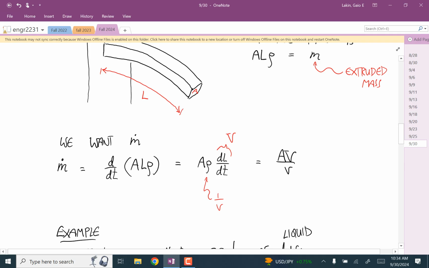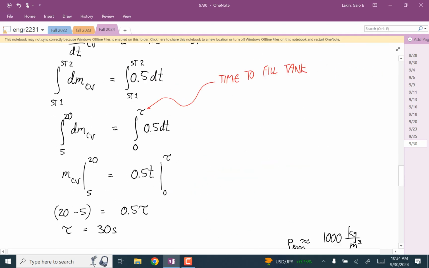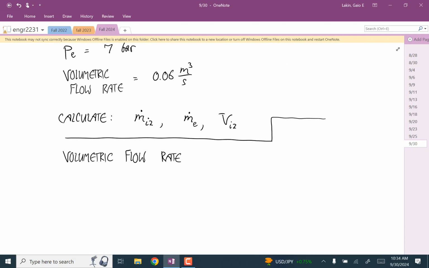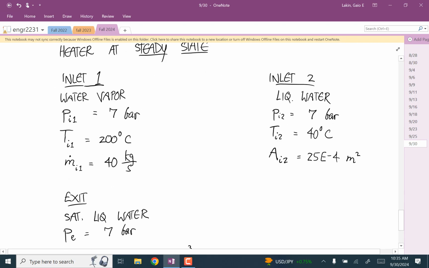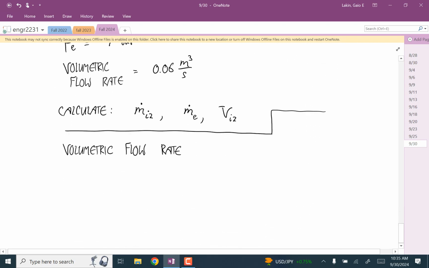The area times the speed tells you how much volume goes through per second, and then you multiply that by the density to get the amount of mass that flows through. So the volumetric flow rate is just A times V. You can see that in the units too. The units can tell you a lot about stuff like this.